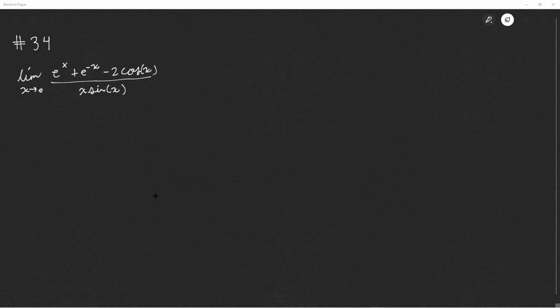Now we have question 34, which is the limit as x approaches 0 of e to the x plus e to the negative x minus 2 cosine of x divided by x sine of x.